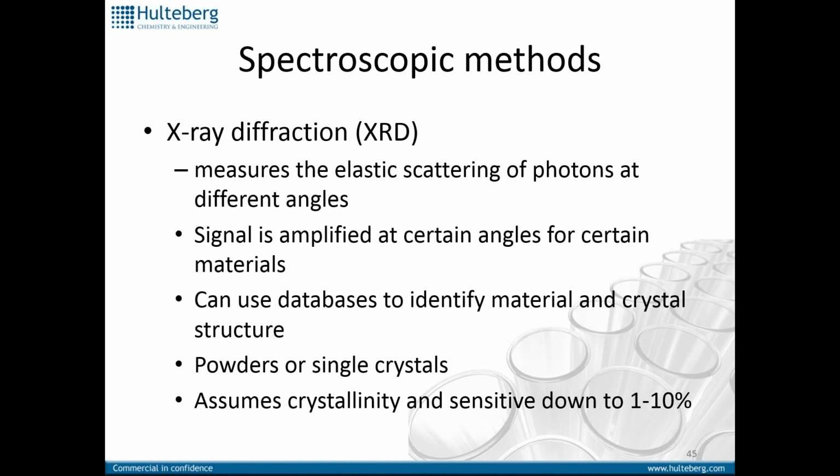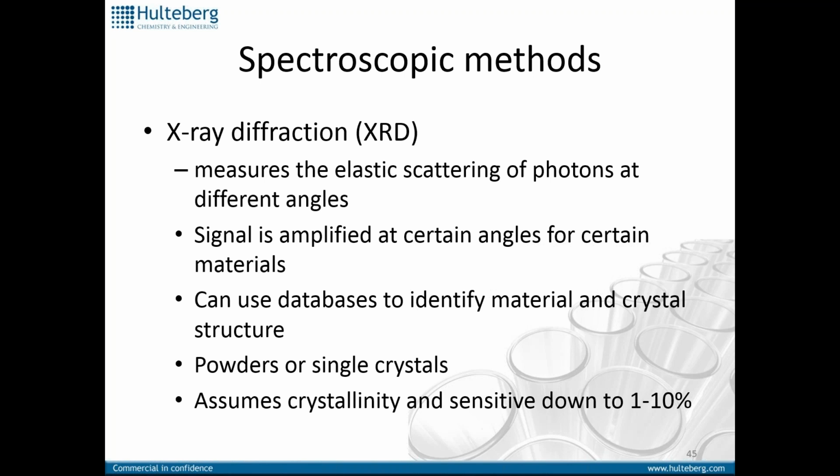One that I've used and find quite useful is X-ray diffraction. It measures the scattering of photons when you shoot X-rays at different angles at the surface, and at certain angles you get signal amplification due to interactions with the material.